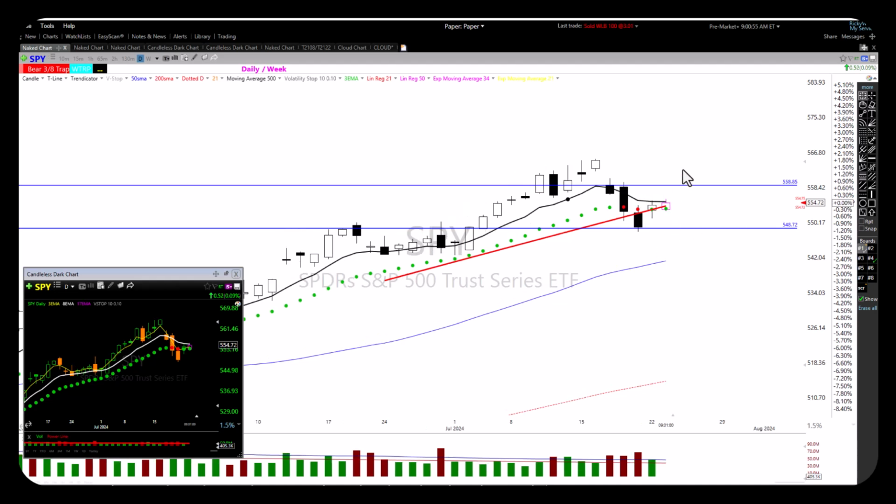We need to break out of those. If we do something like this, where today maybe we close like that, all right, that's a plus. That's good enough for me. But to keep this going, we seriously need to break out of that 258.85 area. We need to get through that right in there, that area, okay?